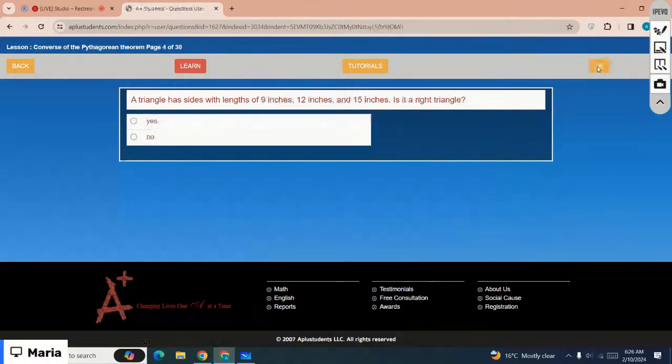Okay, the next one is a triangle with sides of length 9 inches, 12 inches and 15 inches. Is it a right triangle?